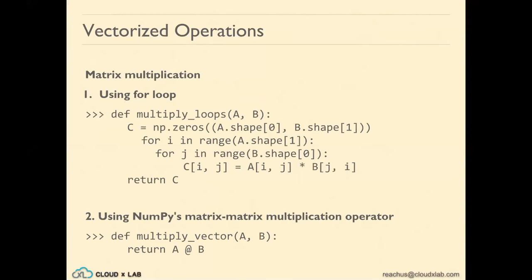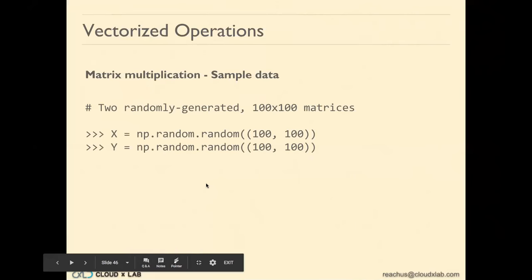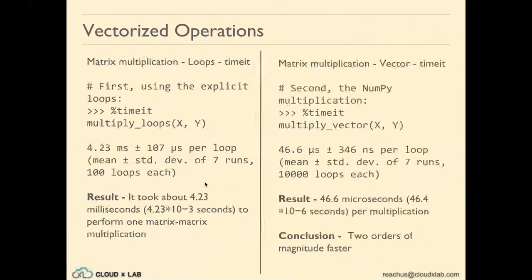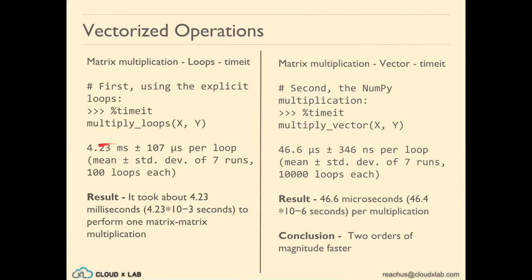All right, this is the one which we talked about last time. This is using loops, where we created our own algorithm to multiply two matrices, and here we're using the algorithm provided by NumPy. When we call it using timeit, we find that there is a huge difference in performance.